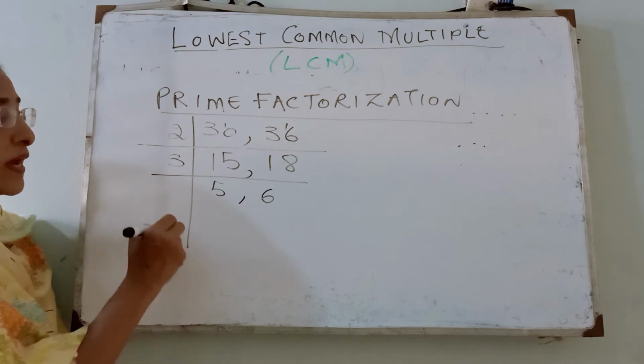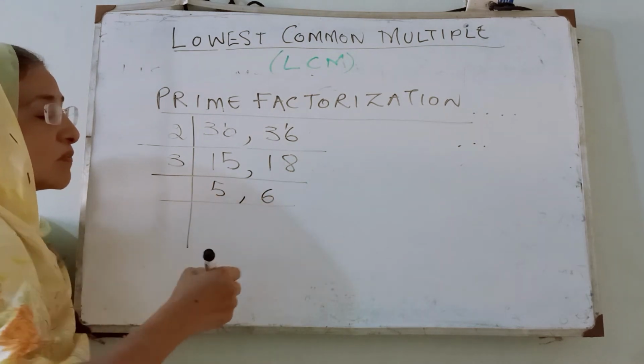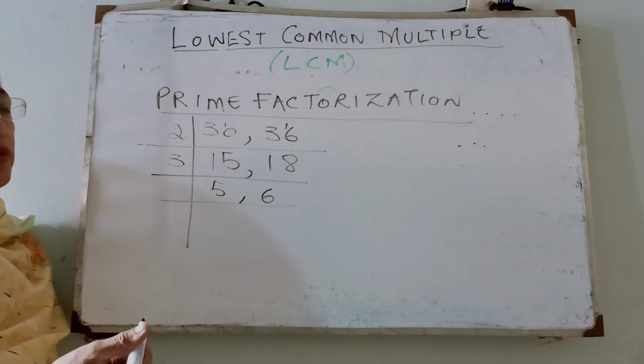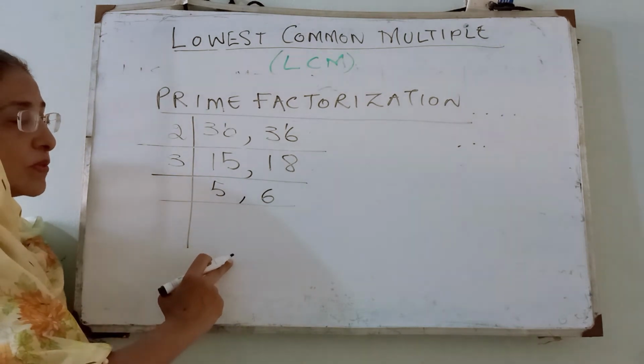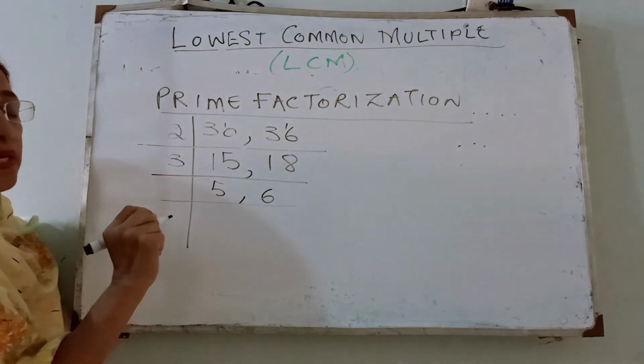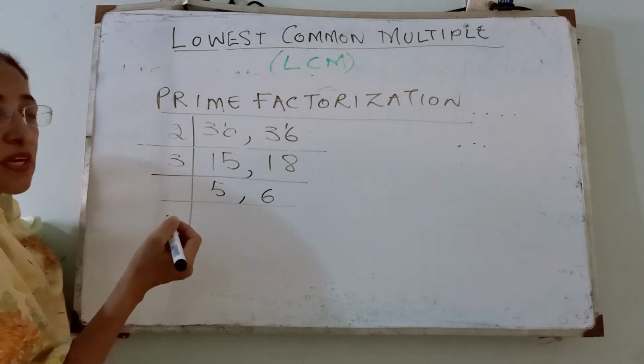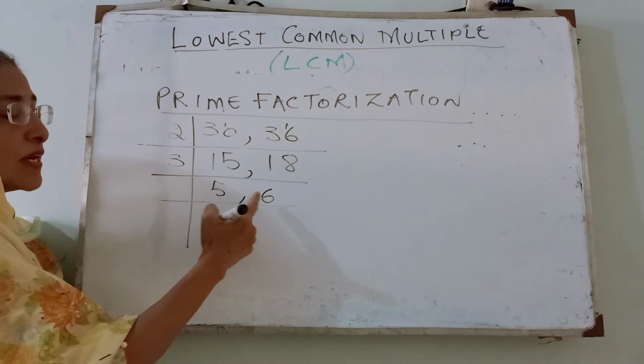I can divide further. For LCM, I should keep on dividing until I get 1 in the end. But I can stop my division where the numbers are not coming in one table. Now here I have 5 and 6.